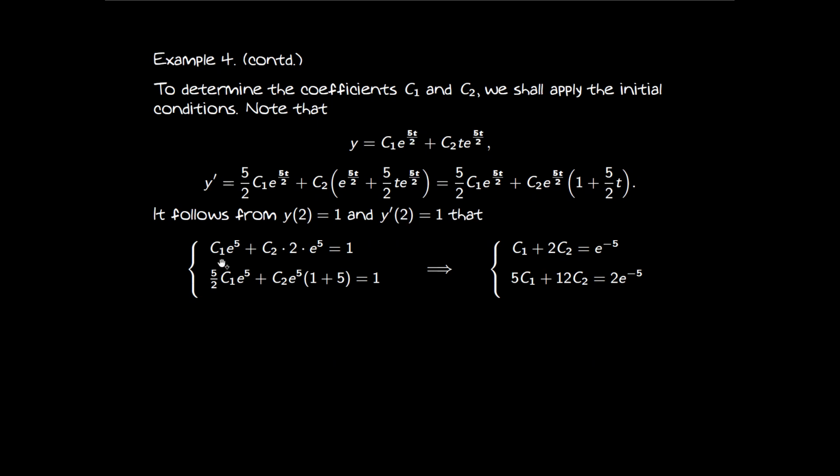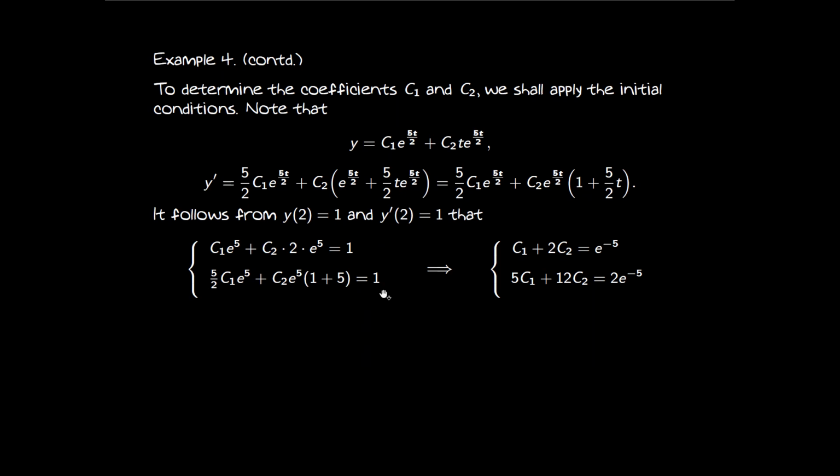So you're going to get c1 e to the 5th plus c2 times 2 times e to the 5th is equal to 1, right? And for the y prime, you get a similar situation. You plug the 2 into the places of t, and then the equations can be written in this way.